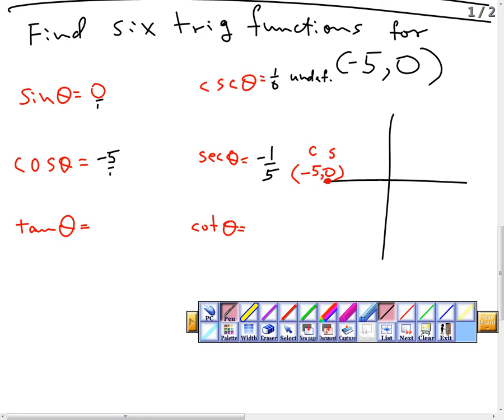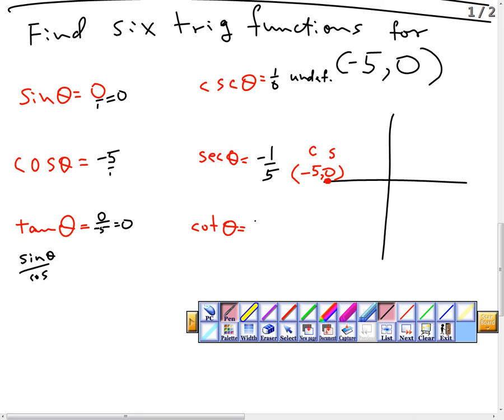And Dylan, how about tangent? That's right, because this is 0, right? So tangent is always sine over cosine, right? So that's going to be 0 over -5, or just 0. Well, what about cotangent? Undefined, right?